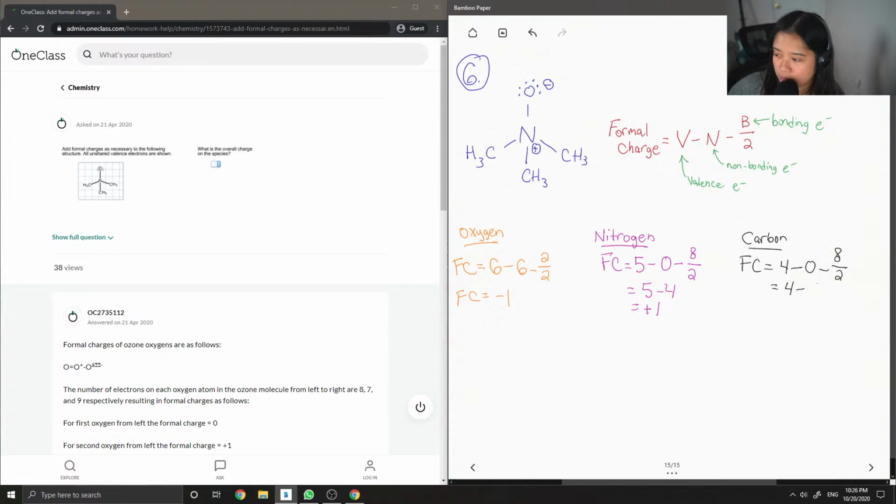So you end up with 4 minus 4. So the formal charge on carbon is 0. And the overall charge of our species is just going to be neutral, so it'll be 0 as well. That's because the oxygen is -1 and the nitrogen is +1, so they cancel each other out.